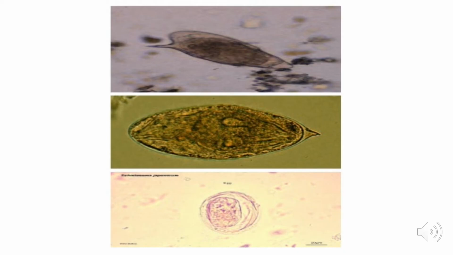While the egg on the lower part of the screen has a small knob or a curved hook on its lateral side. So most likely that is from Schistosoma japonicum, and the diagnostic specimen is stool.